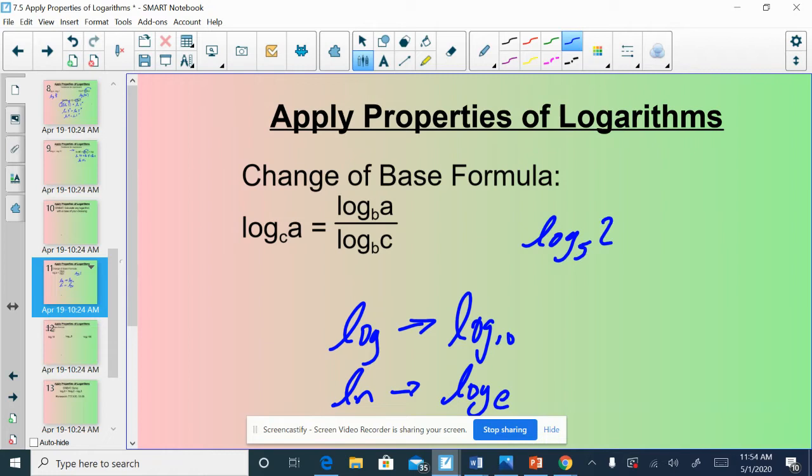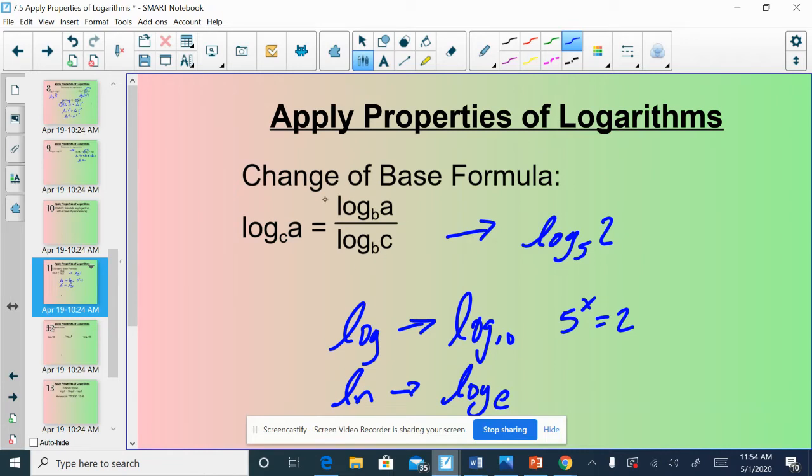Going back to 7.4, what this question is asking is, 5 to what power is 2? 5 to some power is going to be 2. We don't know what that is. Obviously, it's got to be smaller than 1 because 5 to the first power is 5. So it's got to be smaller than 1.